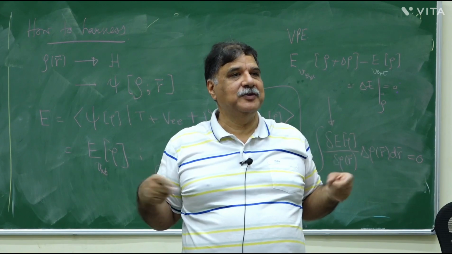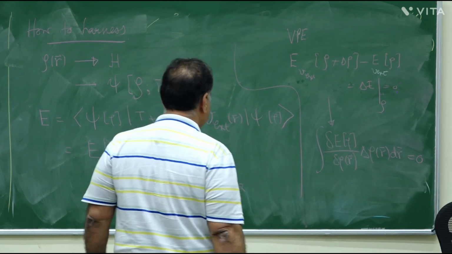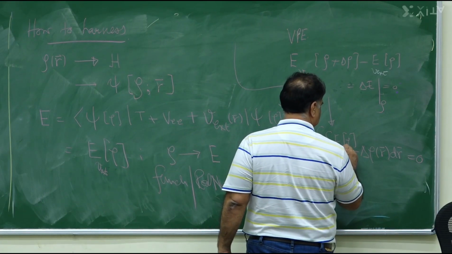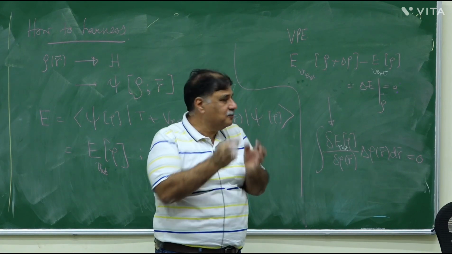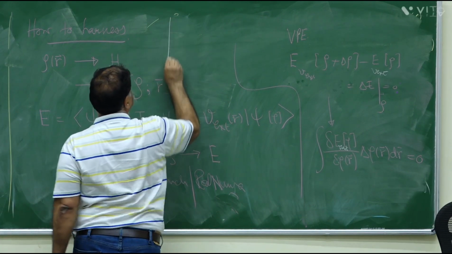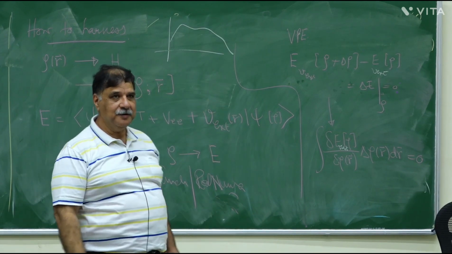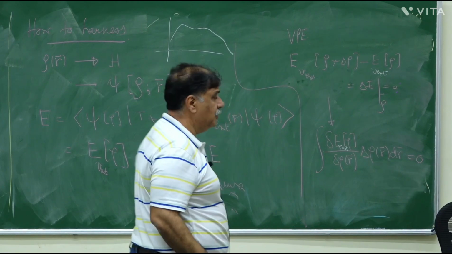I cannot be varying the Hamiltonian, otherwise I am changing the system. So what I should be writing, if you are so particular, is that V external is fixed. I keep that fixed. So I have some density, and for example, suppose I have a system and there is some density. Suppose this is the exact density. Alright? And I know V external and everything.